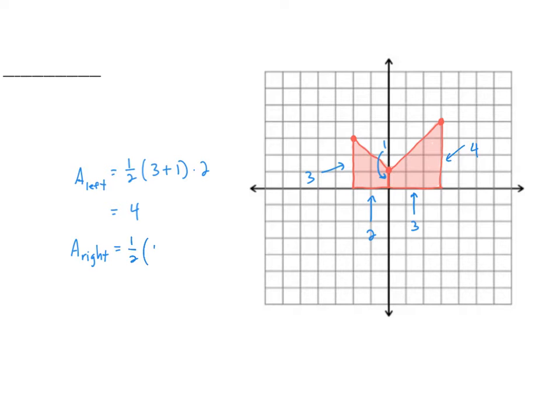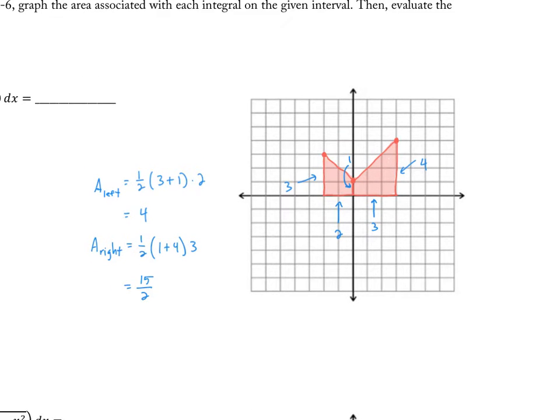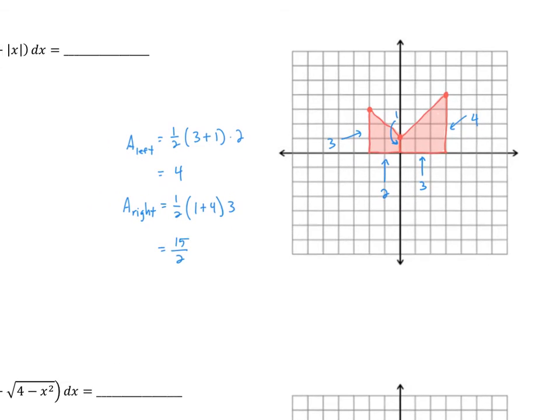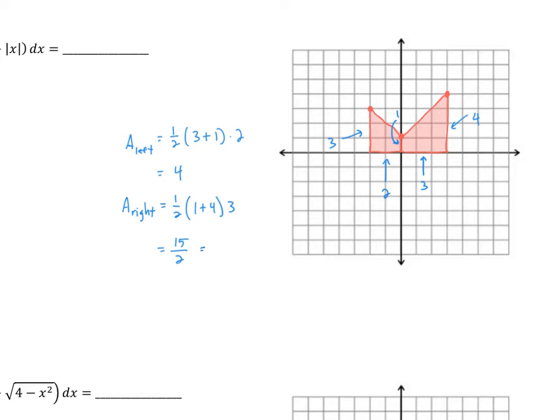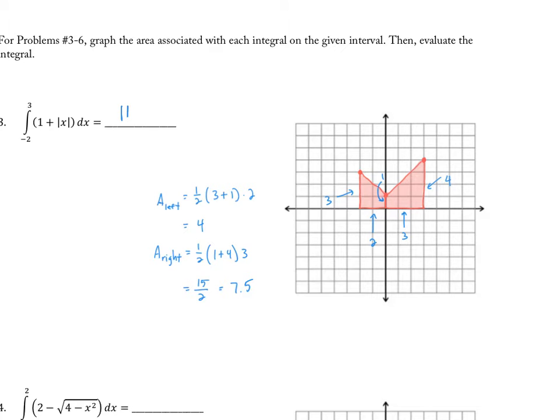So that'll be 1 plus 4 times 3. And that'll be 3 over 2 times 5, 15 over 2. So this is 7.5 plus 4. So the total area is 11.5.